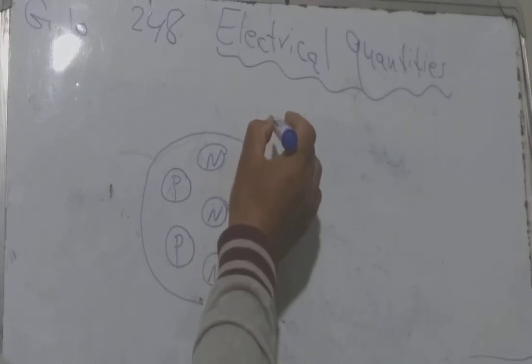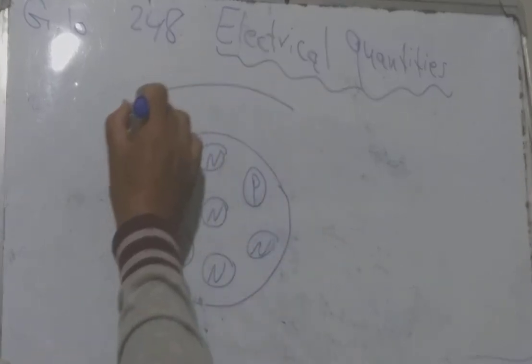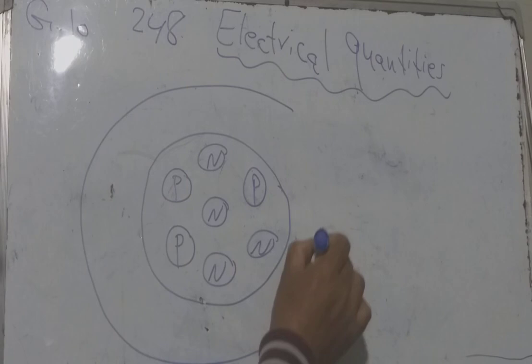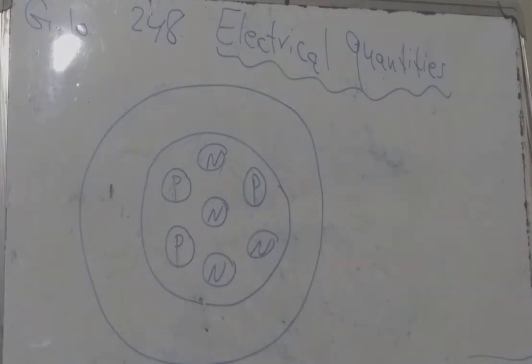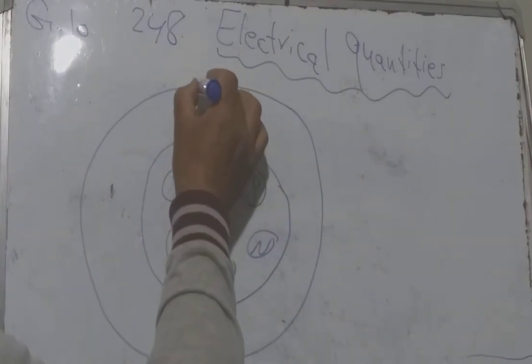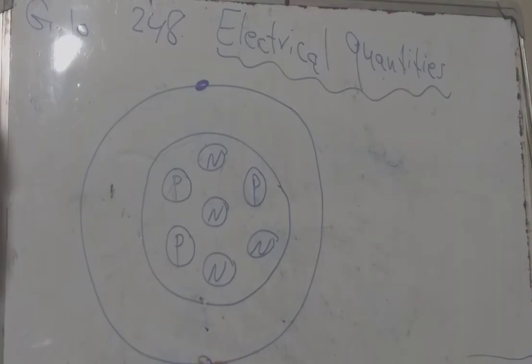And we have how many electrons here? 2 electrons. This one is figure 4.13.